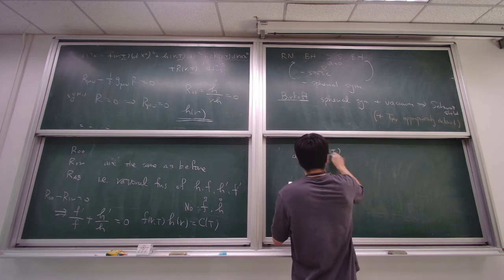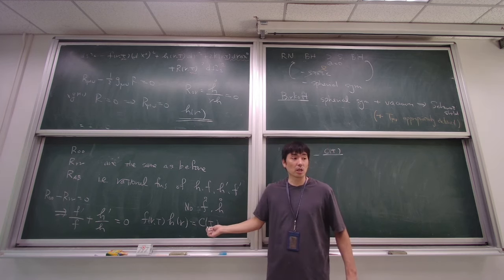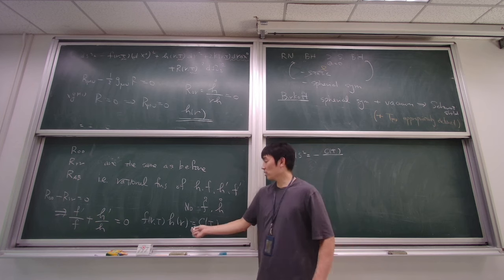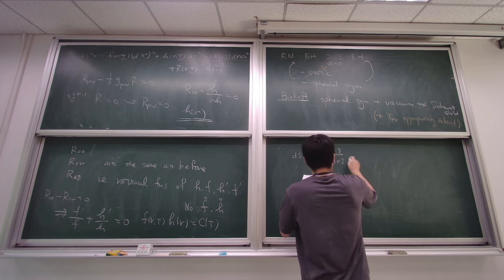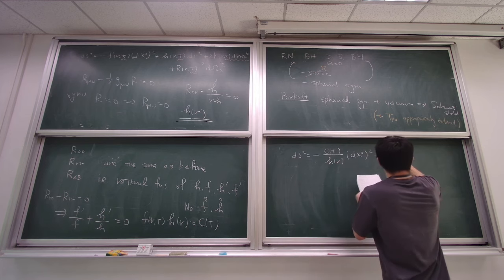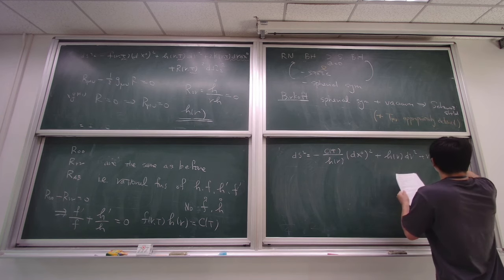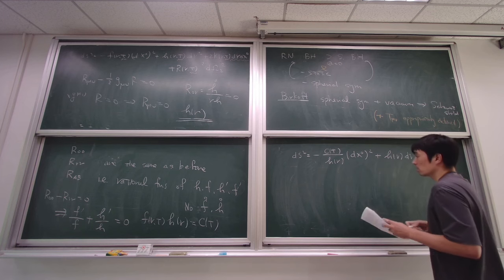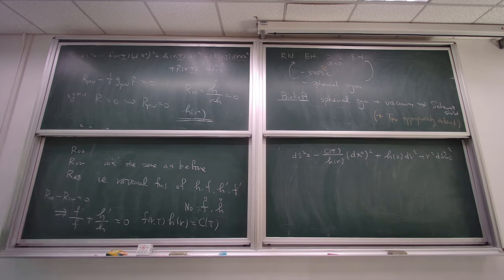So all the dependence of f is restored inside of c of t, pushing everything inside of c of t, and then h of r dr squared plus r squared d omega squared.